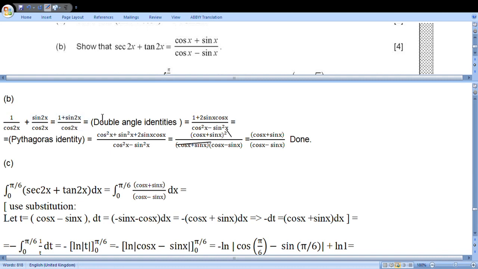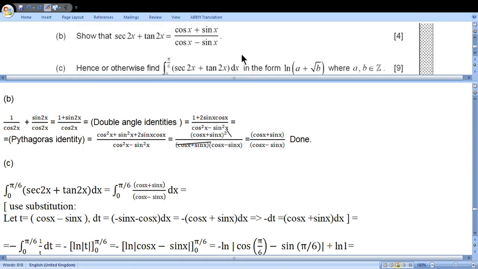Sine 2x equals 2 sine cosine theta, the double angle identity, and 1 expands as cosine squared plus sine squared. So actually we have here (cosine plus sine) squared. Here the difference of squares turns into sum times difference, and we simplify cosine plus sine, we get what is expected. This question is done.